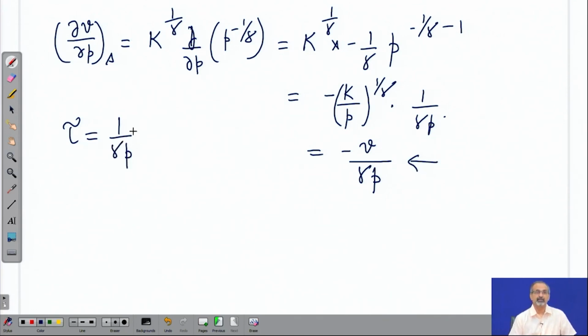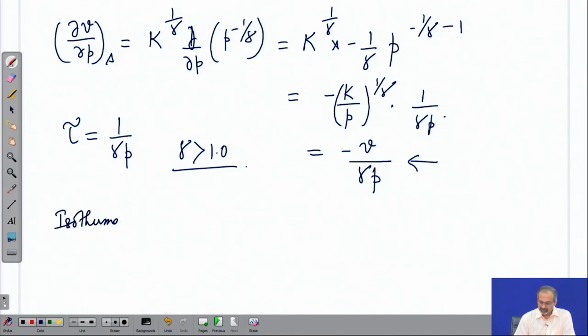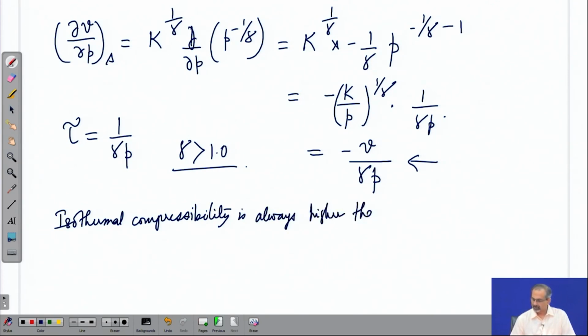So, in the earlier case, for isothermal case, it was 1 by P, while here it is 1 by gamma P. Now, what does this mean? Since gamma is going to be greater than 1, we have the situation that isothermal compressibility is always higher than isentropic compressibility.